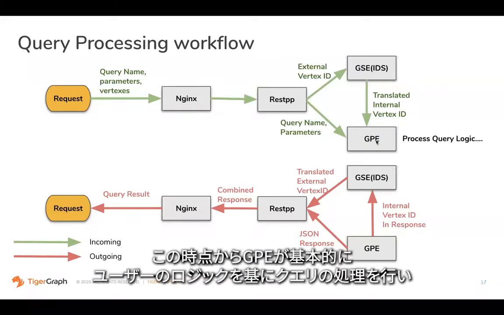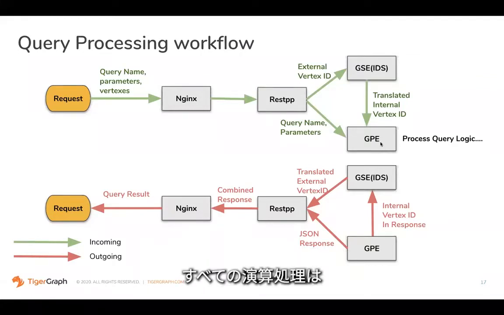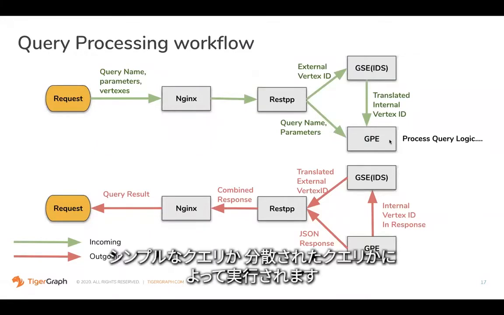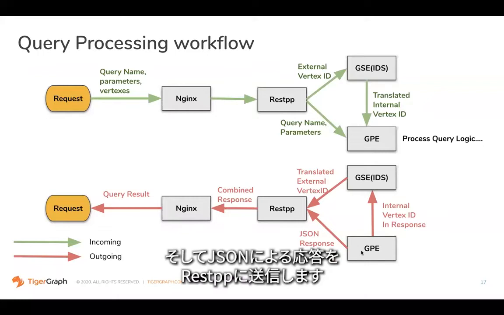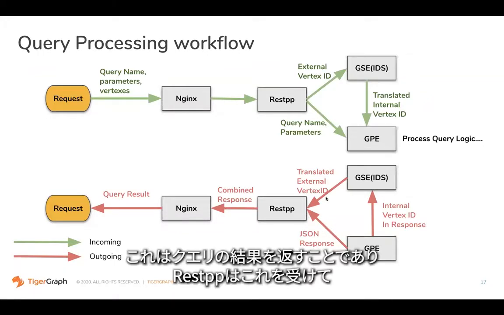From this point onwards, GP will do the query processing based on the user logic. All of the computations are performed depending on whether it's a simple query versus a distributed query. After all the processing is completed, GP responds back to GSC to get the external ID of the vertex in question, and sends the JSON response back to RESTPP, basically returning the result of the query.